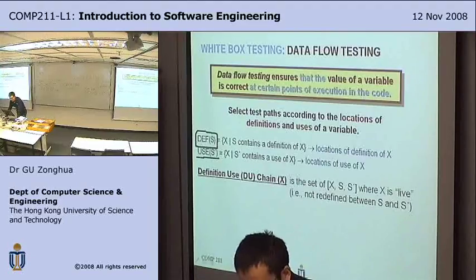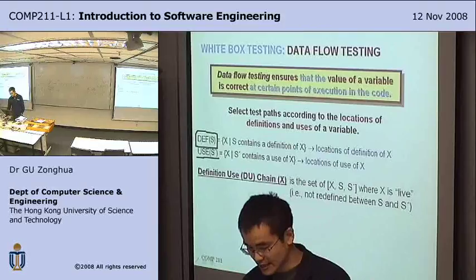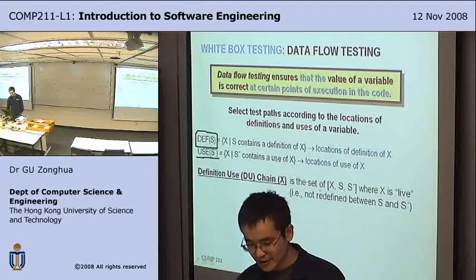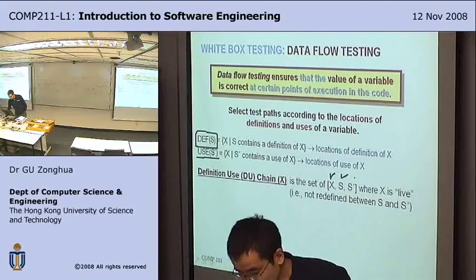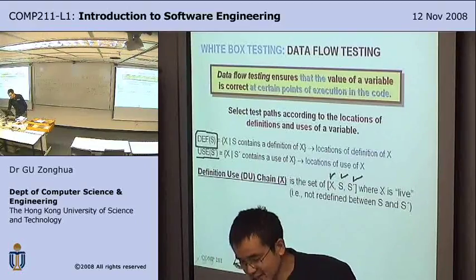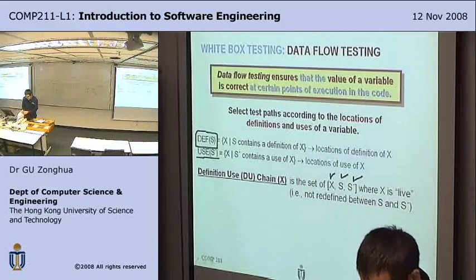Use(s') is a set of statements that contains a use of x. And a def-use chain is the set of def statements and use statements where x is live, that is, not redefined between s and s'.